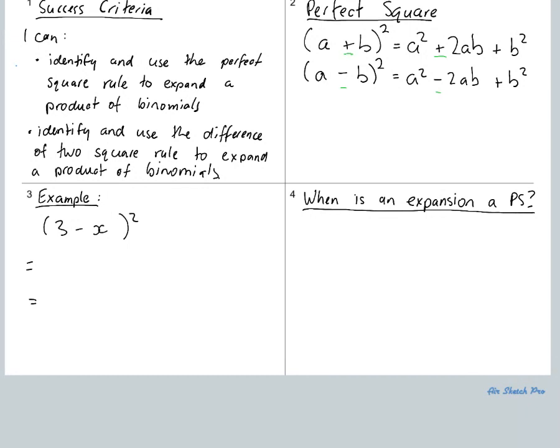Sometimes you might see the rule written like this: A plus or minus B all squared is equal to A squared plus or minus 2AB plus B squared. And effectively, that's the rule.